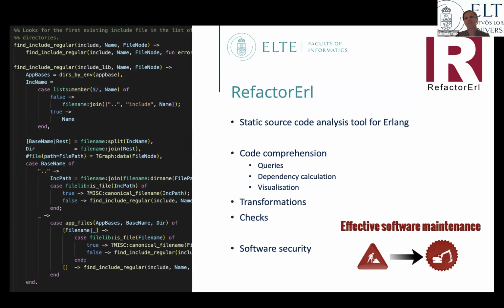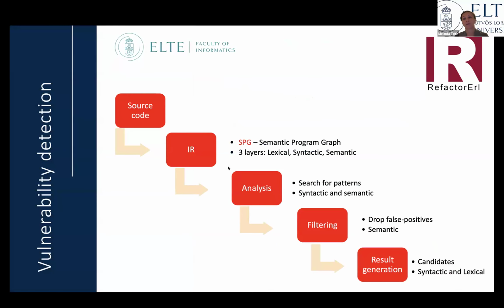That may include some very simple properties about the structure of the code or the dependencies, like some linting features. But since a few years, we have been focusing on checking security properties of the software.